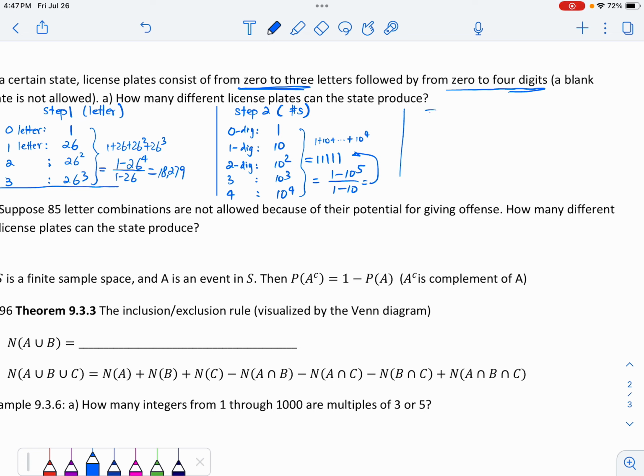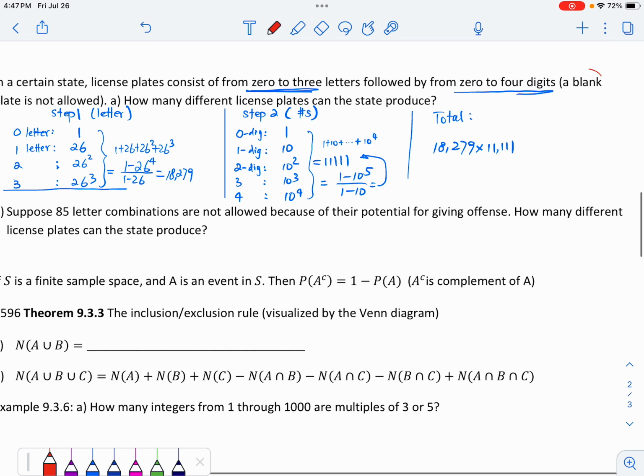Therefore, the total will be 18,279 times 11,111. However, keep in mind, a blank plate is not allowed. That means this combination is not allowed. You cannot have 0 letters and 0 digits.